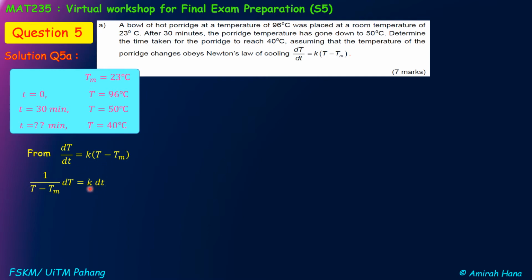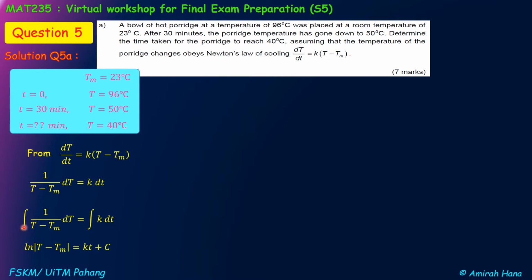K here means constant. After that, we integrate both sides: the integral of 1 over (temperature minus temperature of room) dT equals the integral of a constant dt.